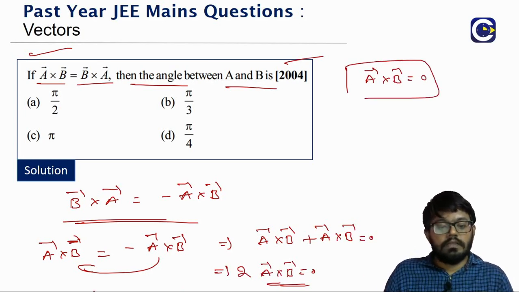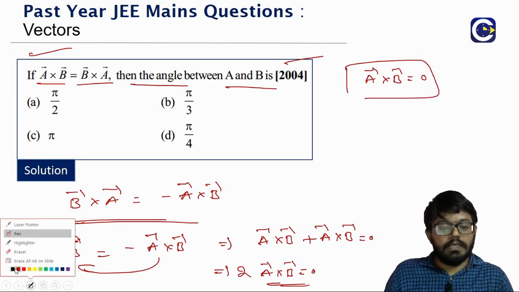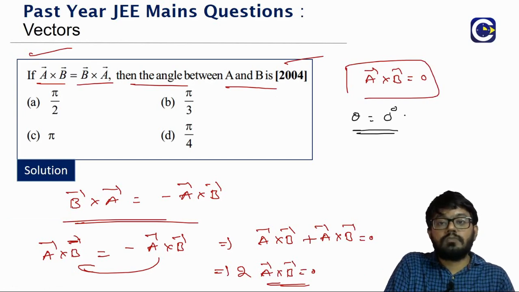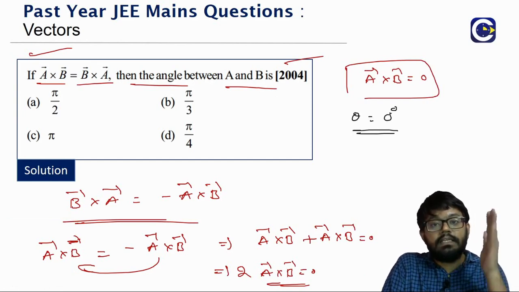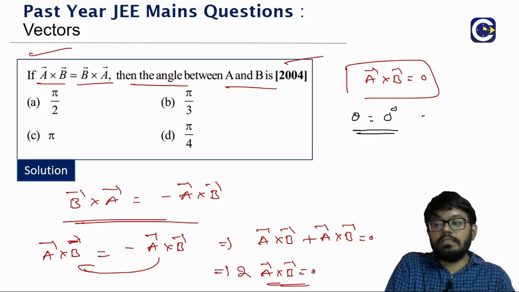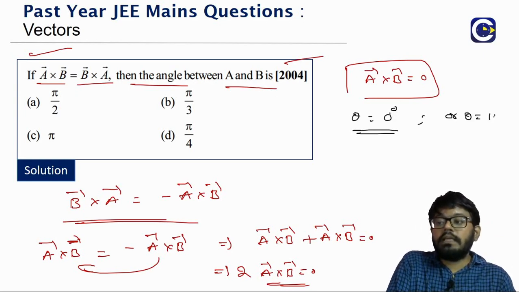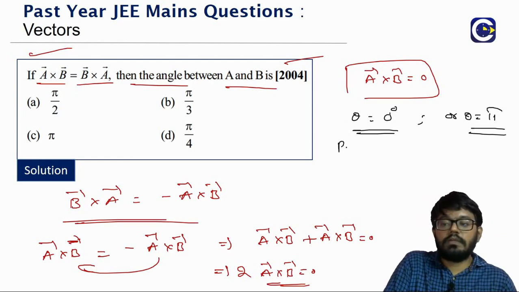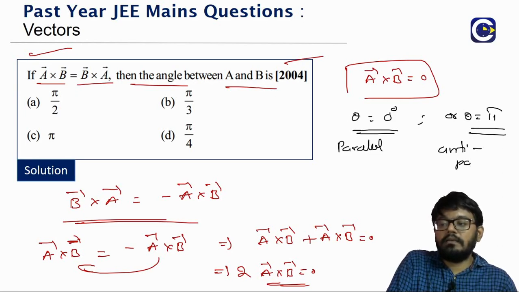When the angle between A and B, theta, will be equal to 0, because when the cross product is 0, the vectors are either parallel or anti-parallel, when theta is equal to 0 or theta is equal to 180. Theta is equal to 0 means the vectors are basically parallel. Theta is equal to 180 means the vectors are anti-parallel.